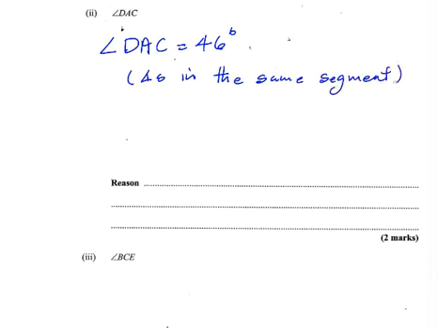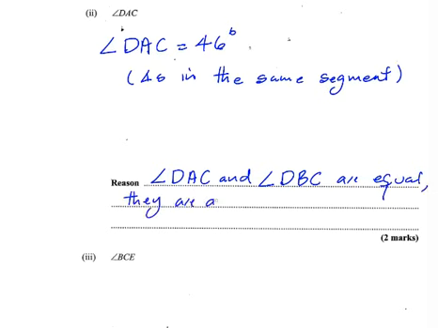Alright, so if I want to write my reason, I could say angle DAC and angle DBC are equal, and the reason for that is that they are angles in the same segment.